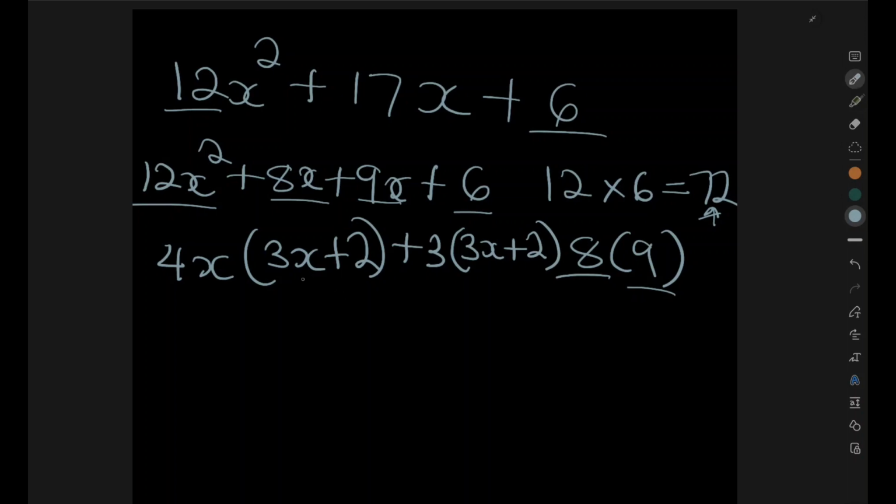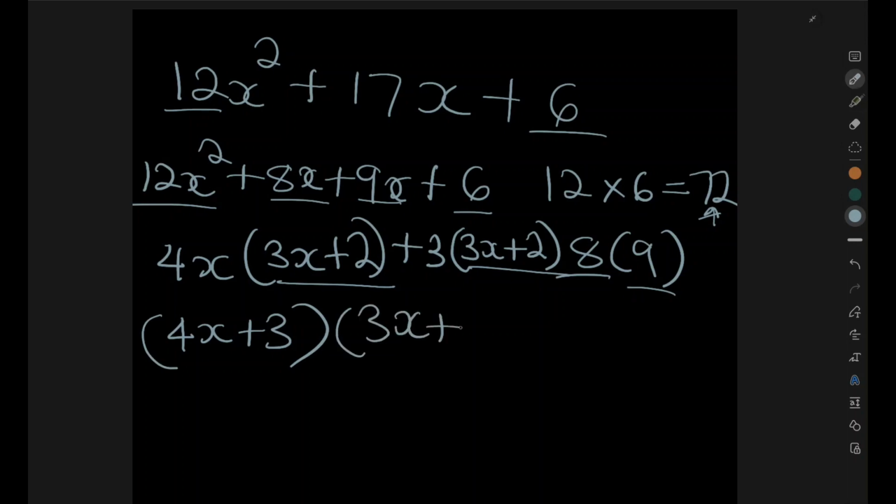So now you see that these 2 brackets are the same. I'm going to rewrite this as 4x plus 3, put it in one bracket, and whatever was inside the other brackets, I'm just going to write down like this. That is how I factorize my full equation.